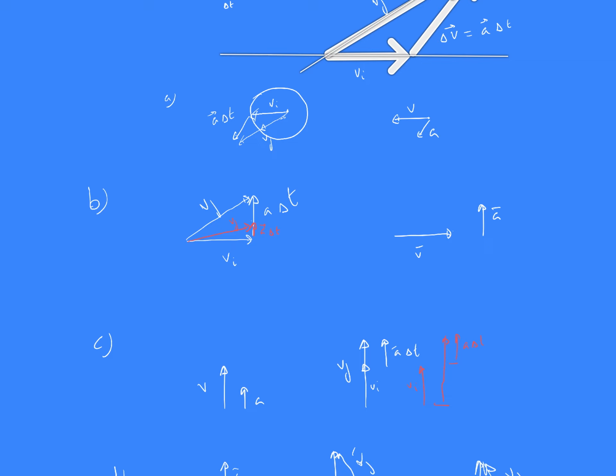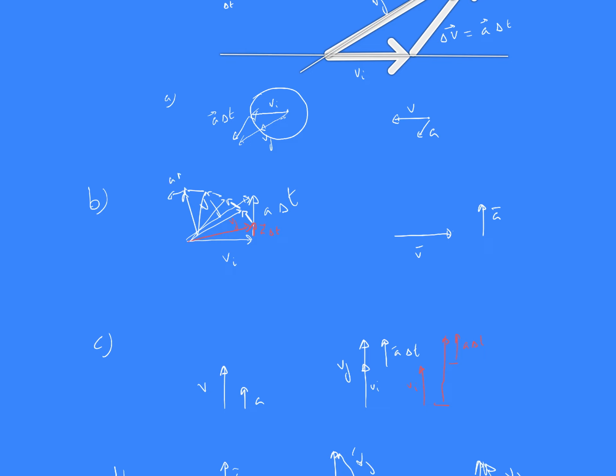So now, A by delta t will act perpendicular to V final. So the new velocity will be like this. If you do it like this, the magnitude of V final will not change.